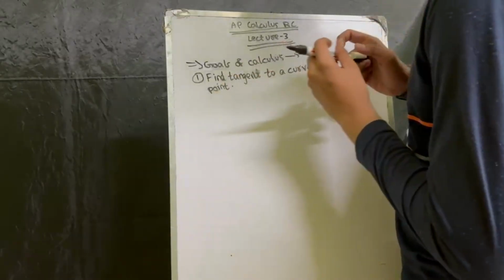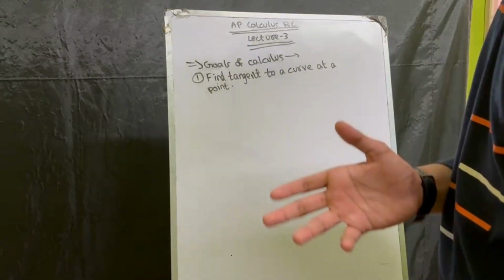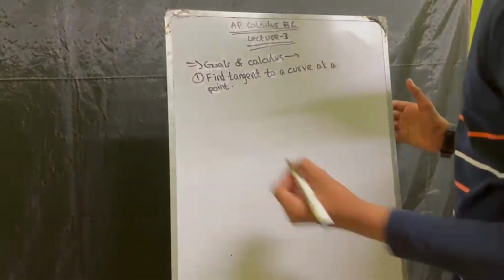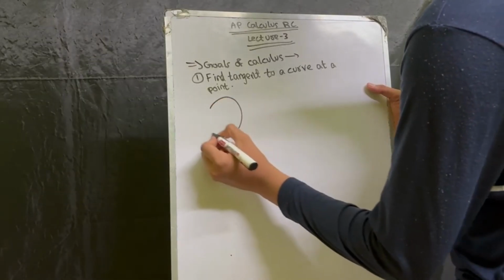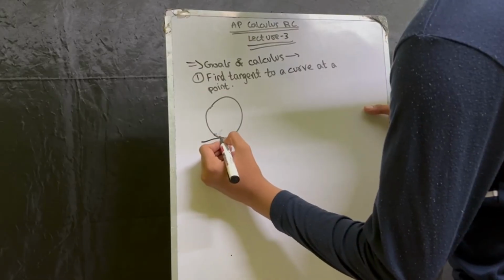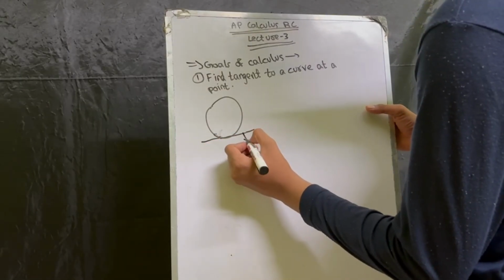So first of all, let's talk about what is actually tangent. I guess the whole board is visible. Yes, it is. So, first of all, let's take a circle, okay? This line is the tangent.